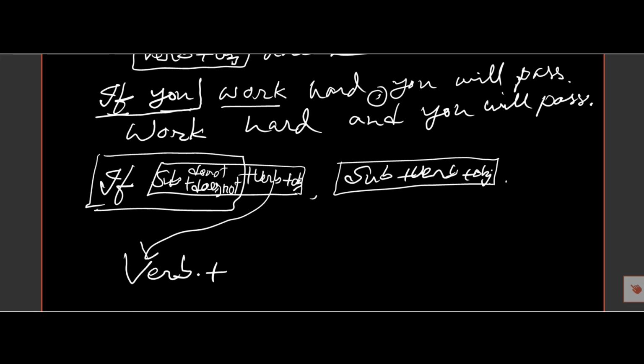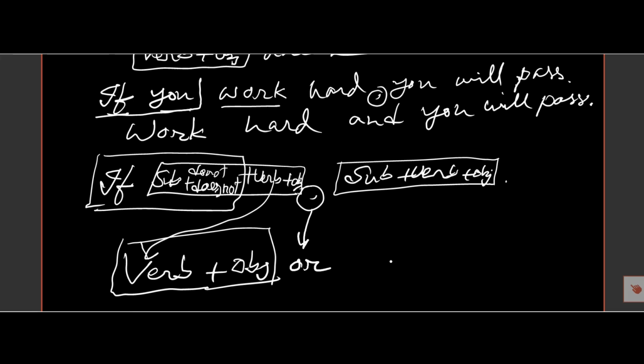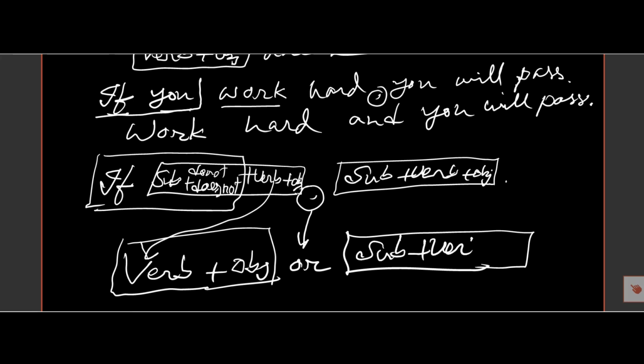As we want to make it compound, after do not, does not, there will be a verb, so we must begin the compound sentence from this verb, and then the object. This will be a part, and removing the comma we must put here or as conjunction, then the other part: subject, verb, object, and full stop.